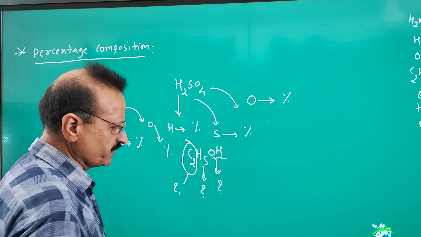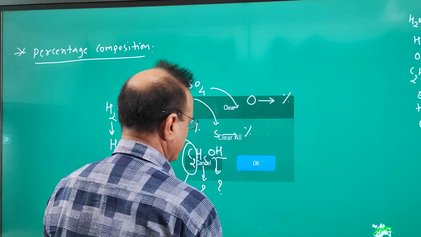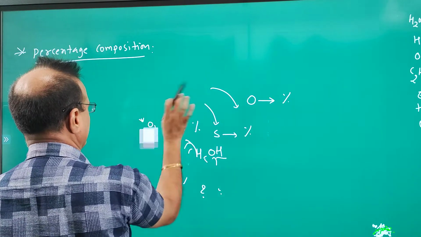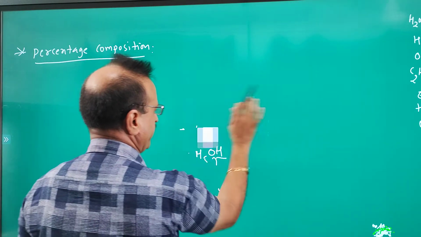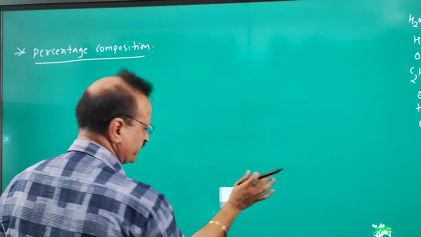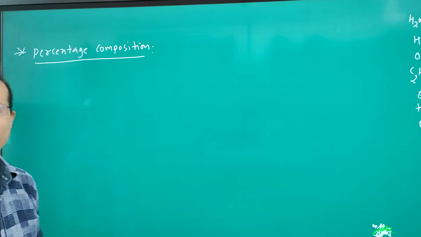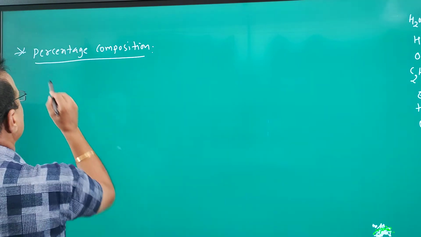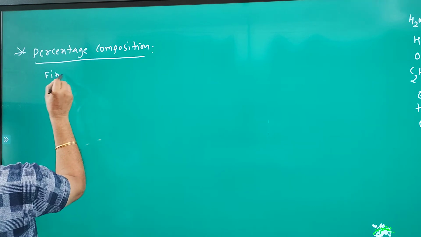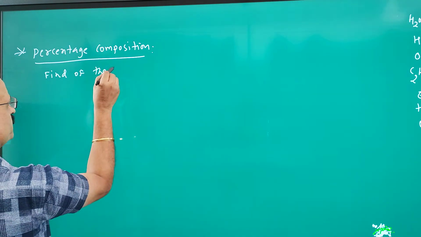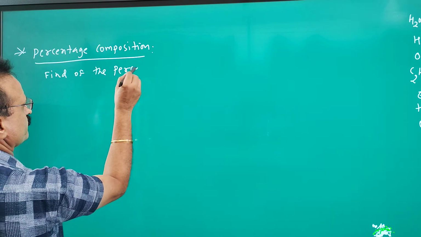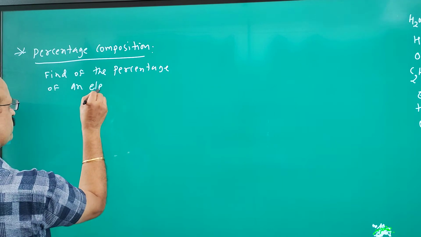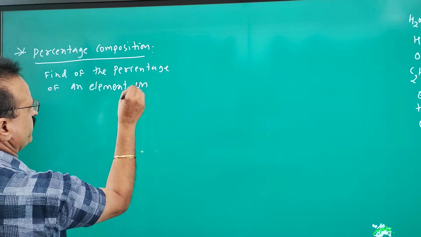So now we have the formula, as given in your textbook, to find out the percentage of a given element in a given compound. Let's see. Find out the percentage of an element in a given compound.